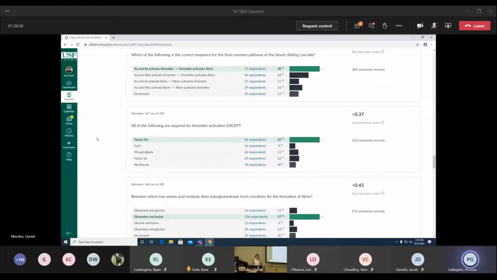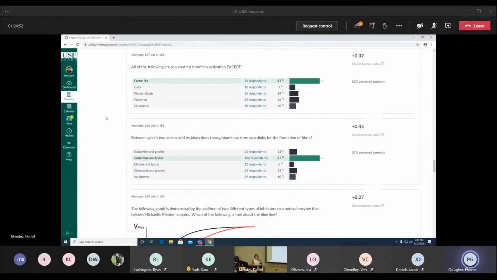All right, and the next question is, between 2 amino acid residues, does transglutaminase form crosslinks for the formation of fibrin? So this is just another memorization for the slide that is talking about the formation of the crosslinks. You have to know that it's the glutamine of one fibrin molecule interacting with the lysine of another fibrin molecule to form those crosslinks between the fibrins and stabilize the whole structure.